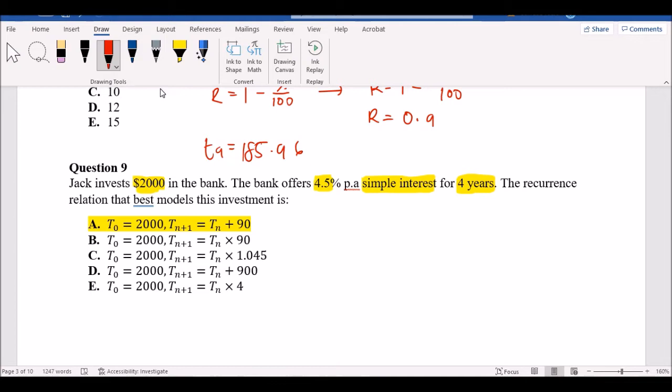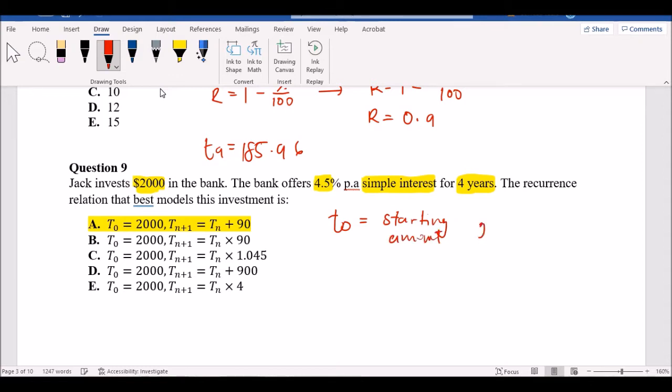All right, the recurrence relation that best models this investment is. This is actually a year 11 question, but we have given it to you before in the SAT. Remember, for any recurrence relation, when you have money involved like this, you have to have T0, or it can also be V0. We learned about that before. So T0 is equal to the starting amount. So you have to tell me this: what's the starting amount?